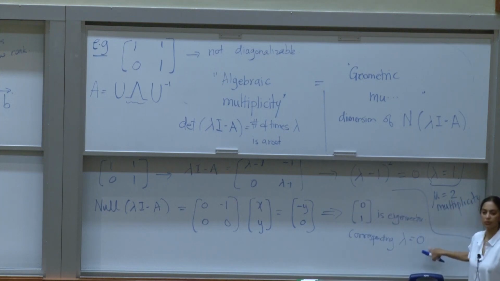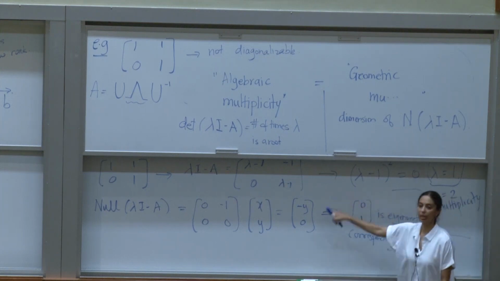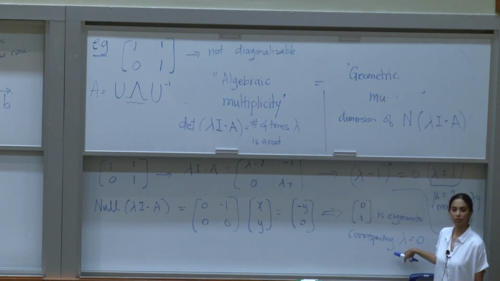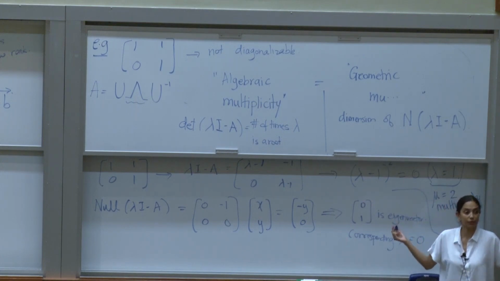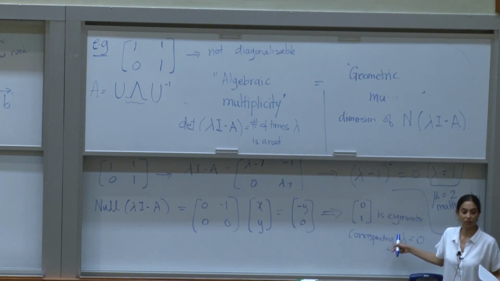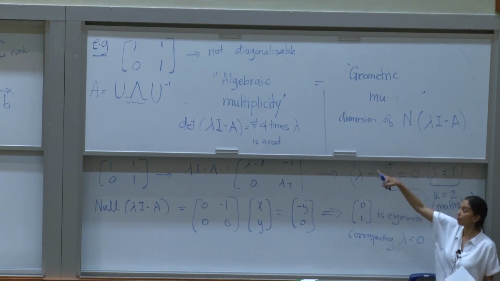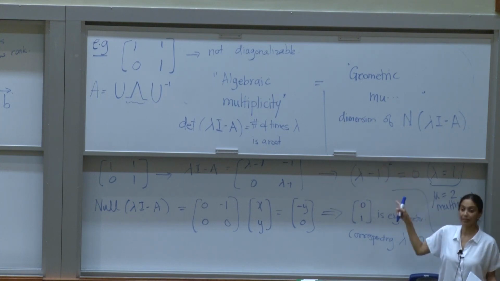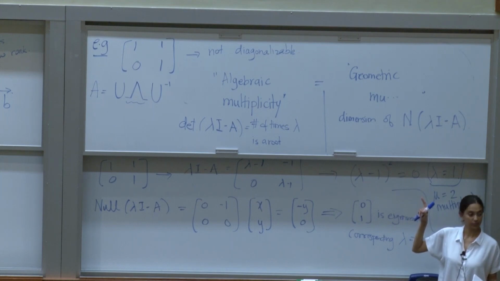Right? So what is the dimension of the eigenspace? How many eigenvectors do I have corresponding to this? Exactly 1. What is the dimensionality? 1. Is it equal to the algebraic multiplicity? No. This is not diagonalizable.